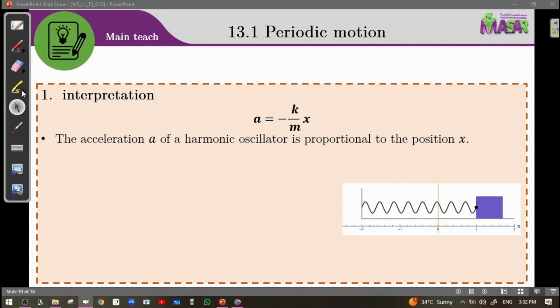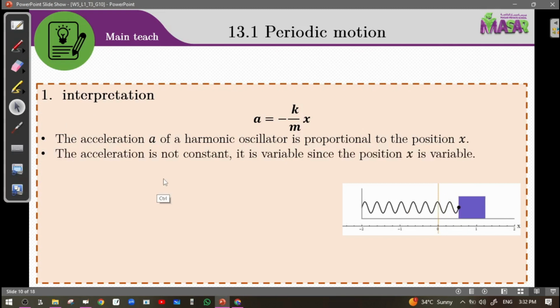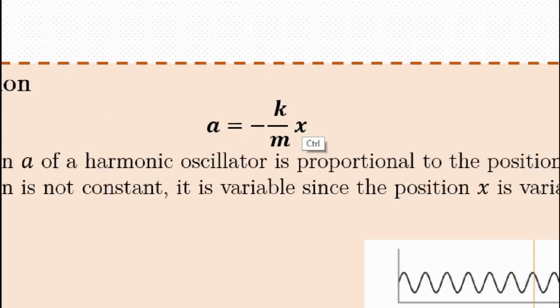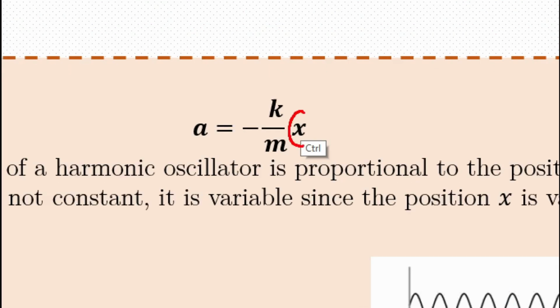Now, the acceleration itself is considered to be a variable. It's not constant anymore. Why is it a variable? Because we don't have a constant value for the position.